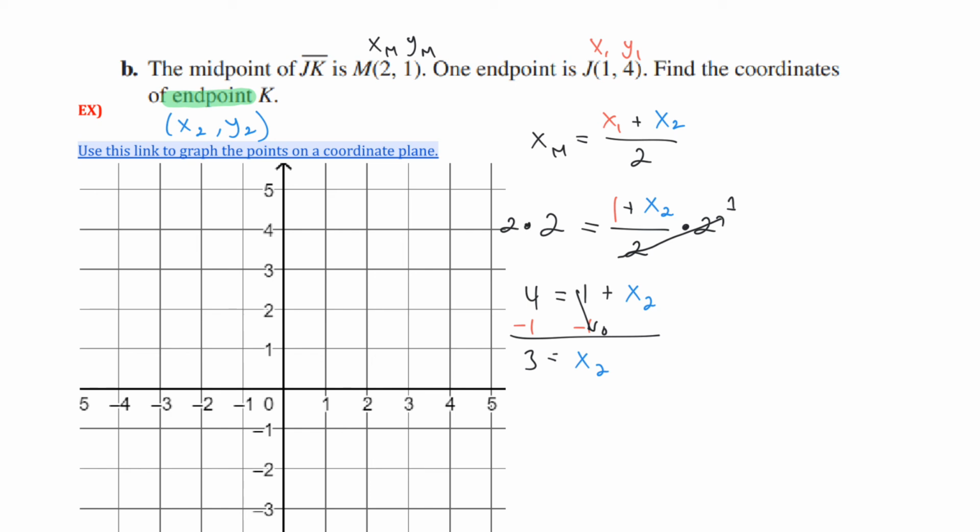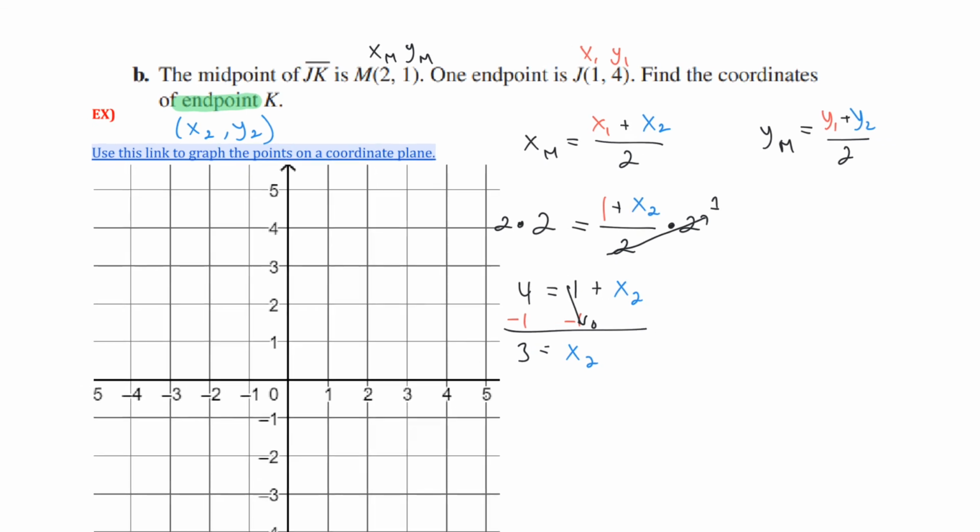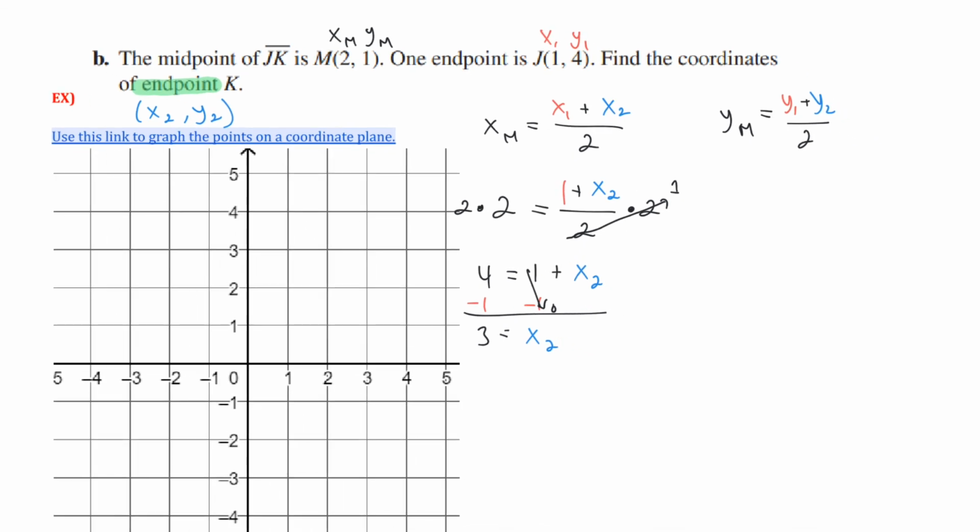We need to do the same thing for y. So ym is going to be equal to y1 plus y2, all of that divided by 2. Substituting in, again, we know what ym is.